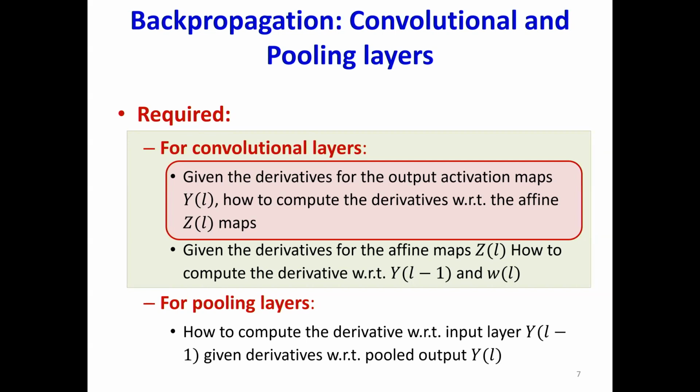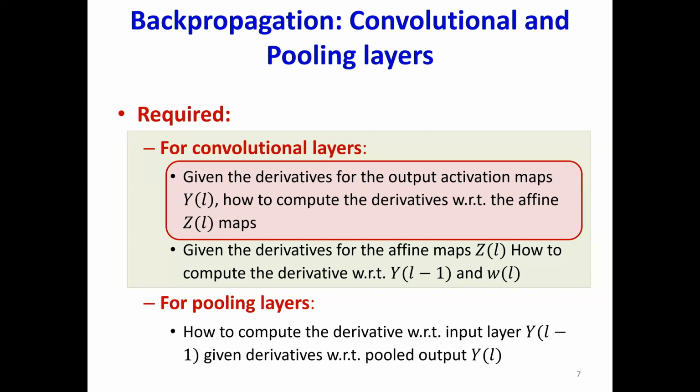This cannot be violated. So now, if I have some input of some size, I'll just assume it's two-dimensional, some n cross m, and it goes through some block. I'm not telling you what this block is. It could be anything. And then the output is something else, which is, say, some L cross K. And then from this, there are further operations, and then finally you compute the loss.